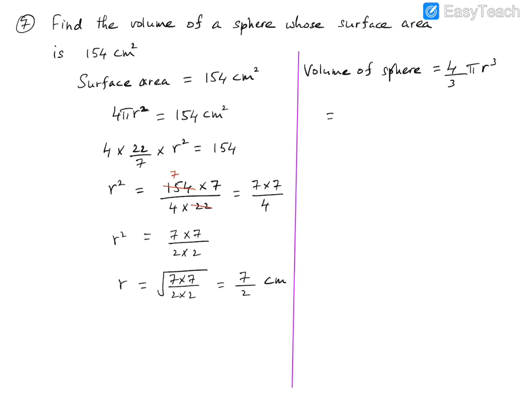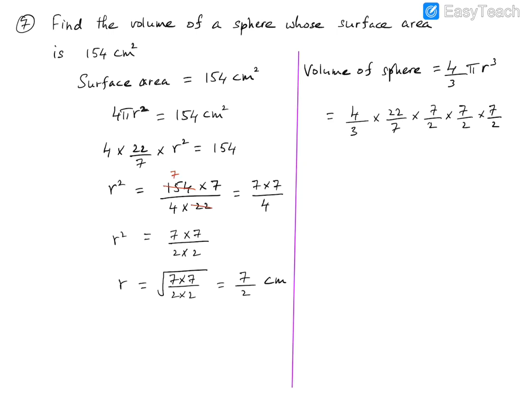We now have the value of r, which we have obtained by using the surface area. So 4 by 3 pi, where pi is 22 upon 7, into r cube, which is 7 by 2 into 7 by 2 into 7 by 2. We can now simplify this and we will have the answer for the volume of the sphere.